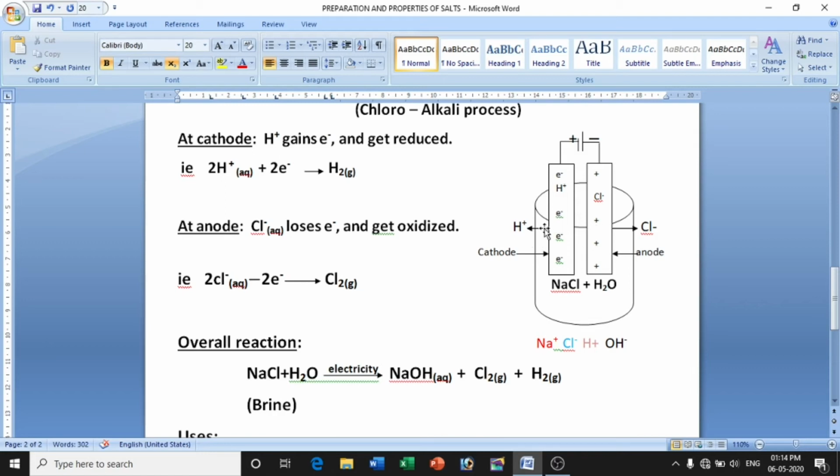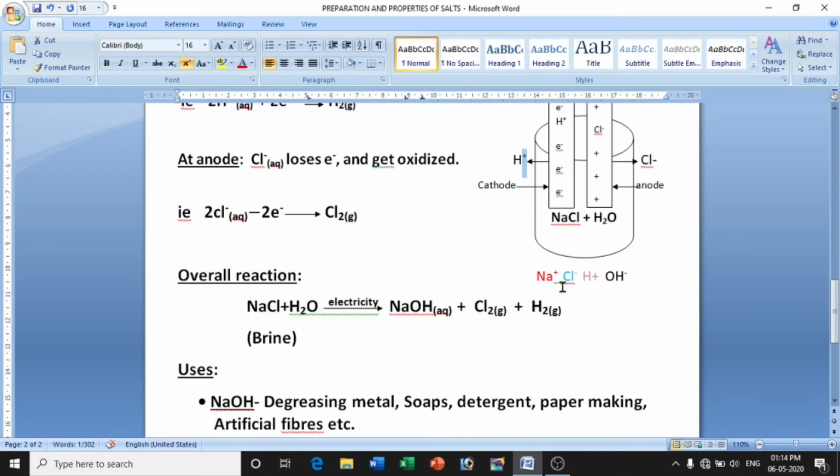So here the hydrogen ions gain electrons to form hydrogen, and the chlorine ions lose electrons to form chlorine. The remaining sodium ions and hydroxyl ions combine together during this electrolysis to form sodium hydroxide.